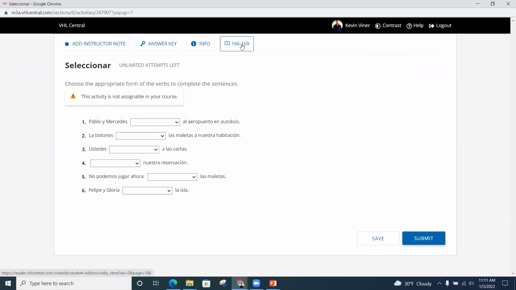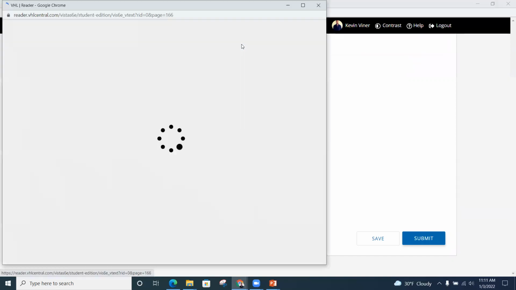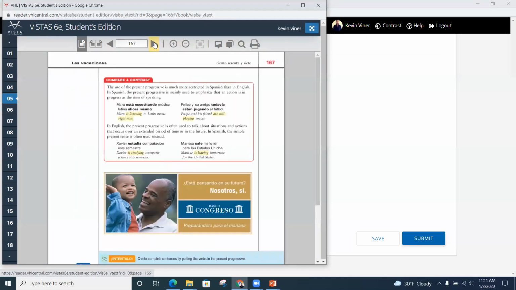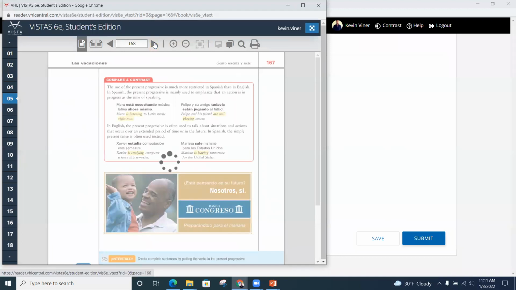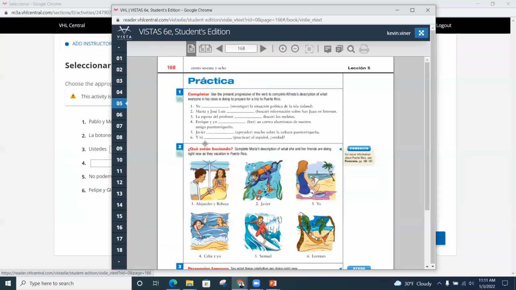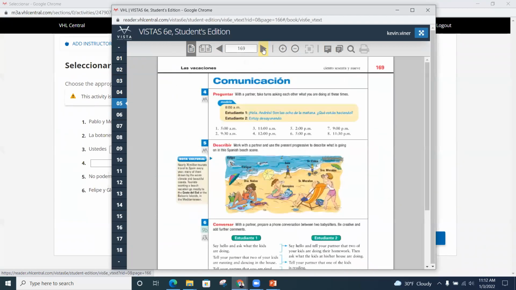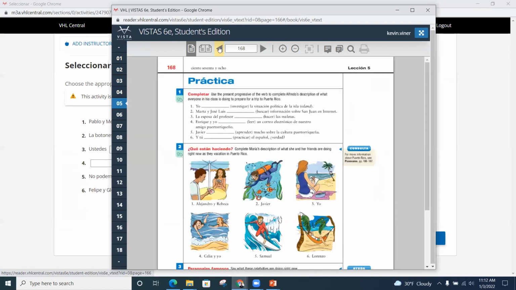These activities are actually in the textbook if you ever want to look at them. For instance, this one is called seleccionar, so that would be in here somewhere. Actually, maybe not. Maybe I was wrong.